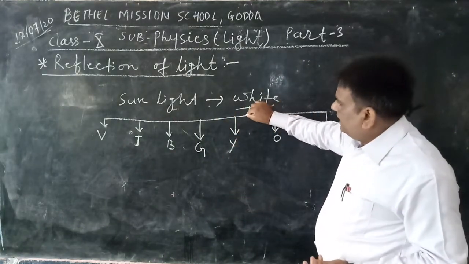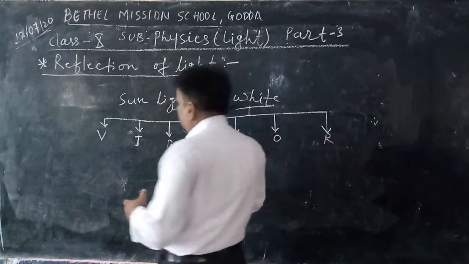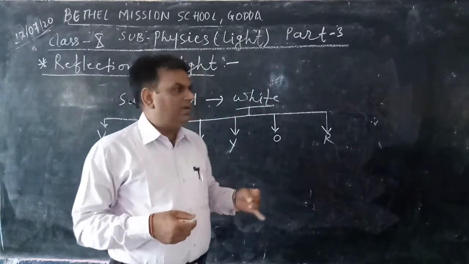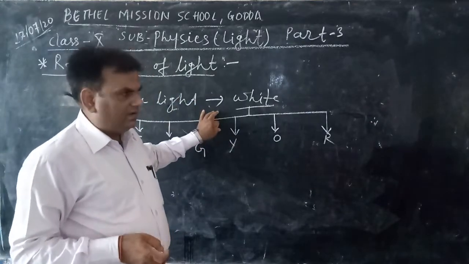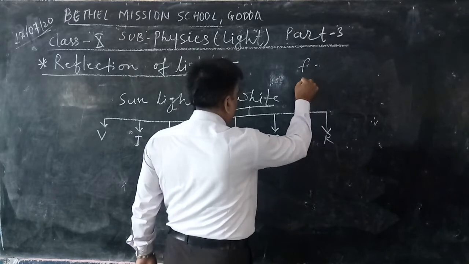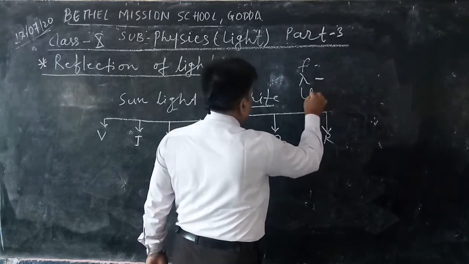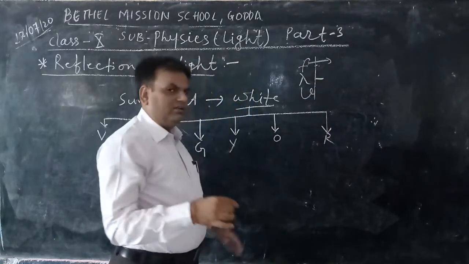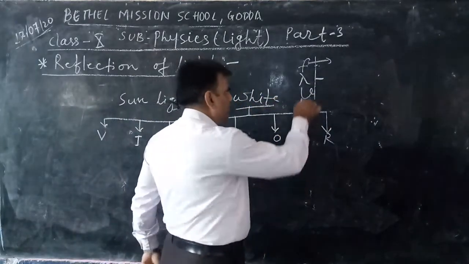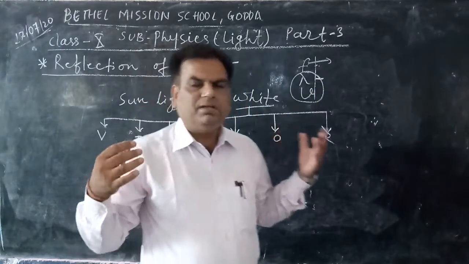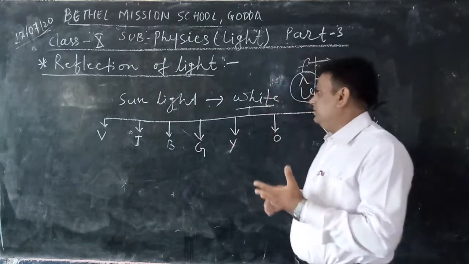When light passes from one medium to another medium, there are 3 characteristics or properties of light: frequency, wavelength and velocity. The frequency remains unchanged in all kinds of medium, while wavelength and velocity change when light passes from one medium to another.